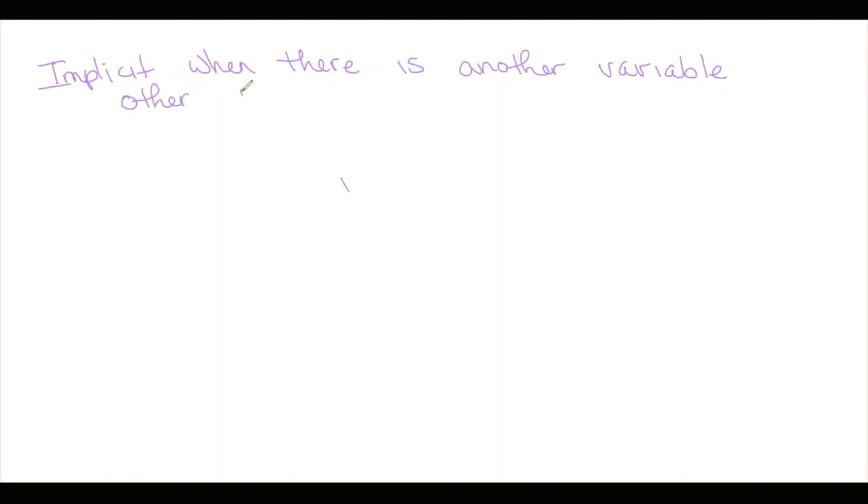Okay, so we use implicit differentiation when there's another variable other than the input variable, and that's on the same side of the equation. And I better just put it just so you know.